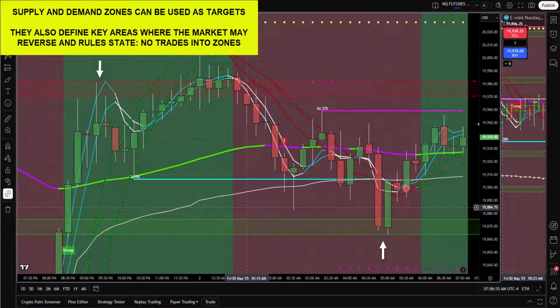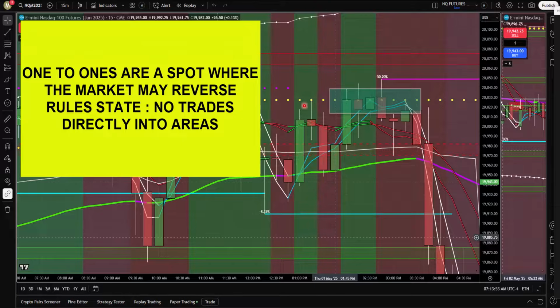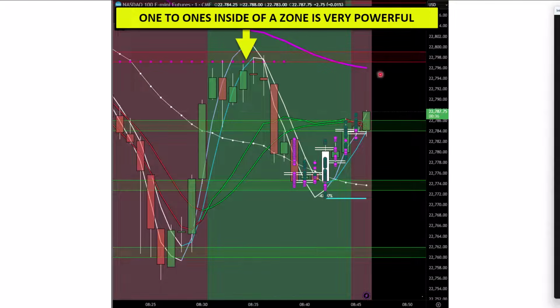This is the spot where we'll start taking our first trades to the long side on the smaller chart. Same thing with one-to-ones, also a spot where the market may turn. If you're using support and resistance areas, when you have multiple things like one-to-ones inside of an area, it becomes a very powerful support or resistance area.